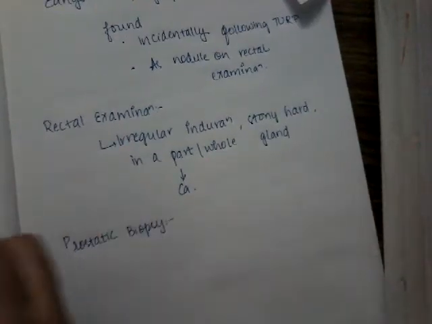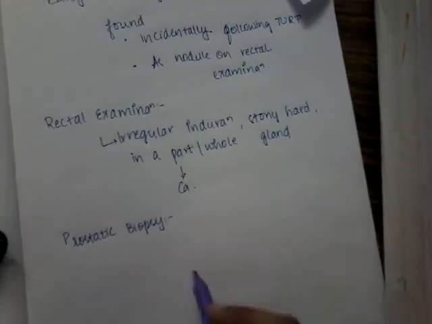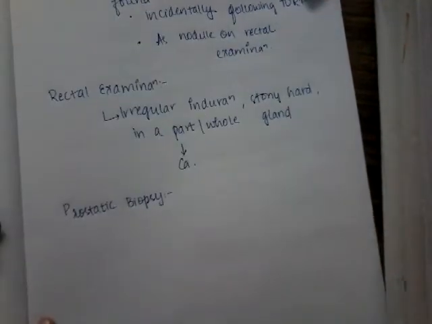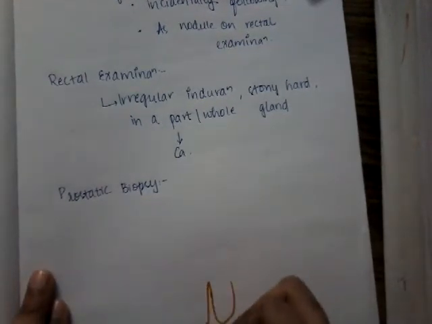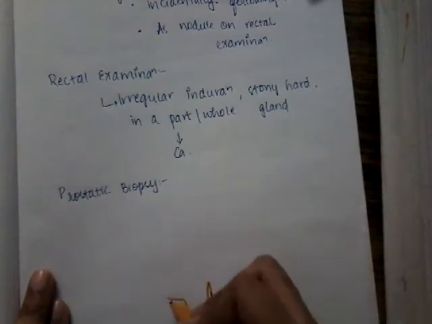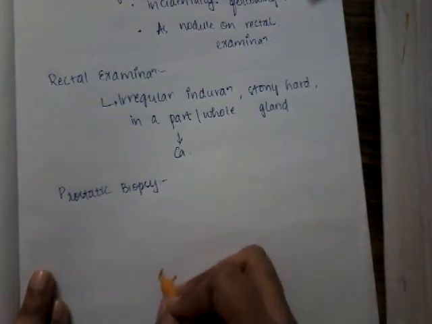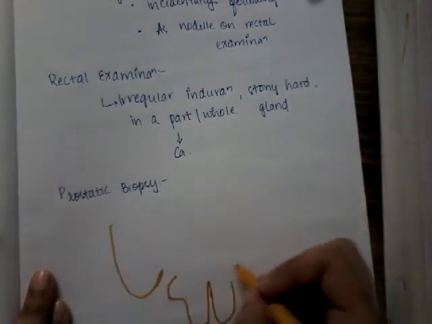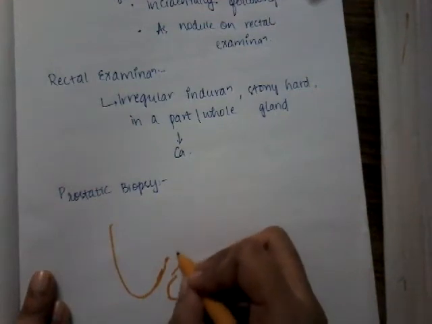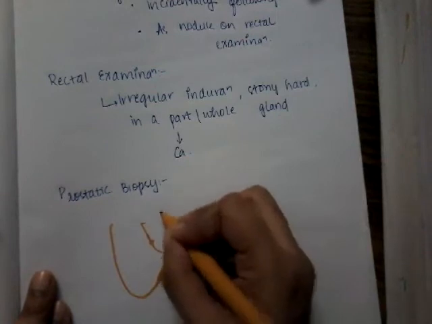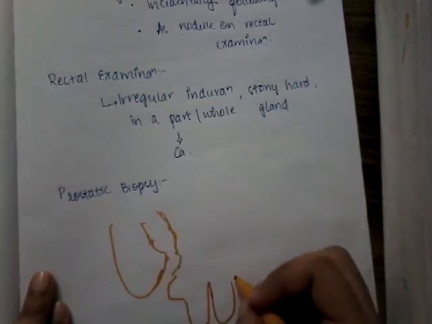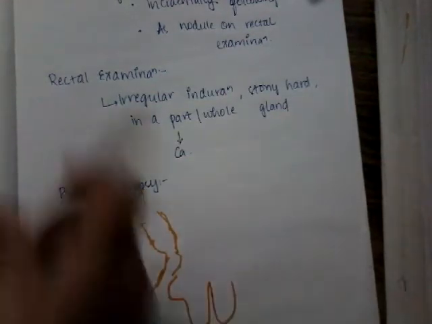So how do you do a prostatic biopsy? Here, this is the penis and then scrotum, and then this is the anal opening, the anus, and then this is the rectum, anal canal and rectum. And now this is the penis.